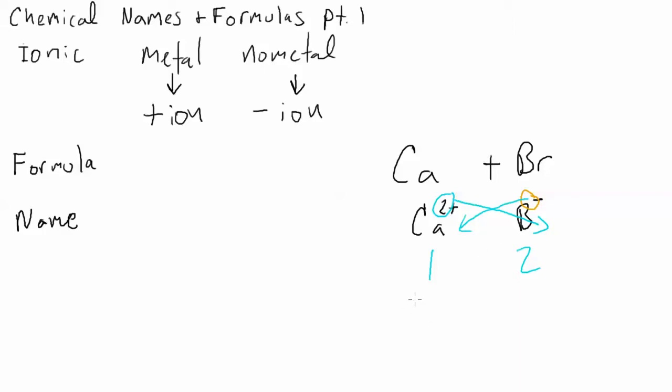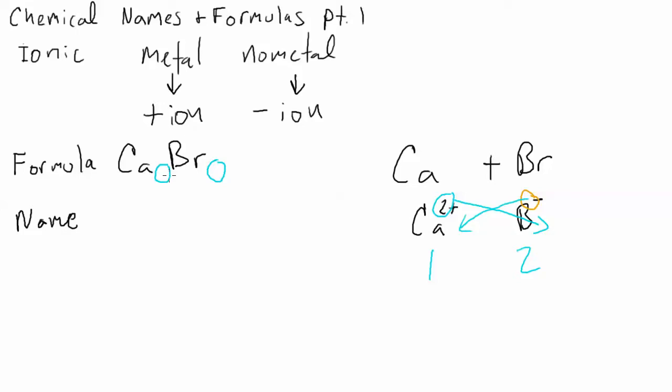So how do we write that formula? Well, in the formula we use what are called subscripts to show how many of each element there is. We're going to write the elements together, Ca and Br, and then the subscripts go in this spot right here. They're after the element and a little bit lower and a little bit smaller usually. So that's where you write the subscripts. Now we need 1 calcium.